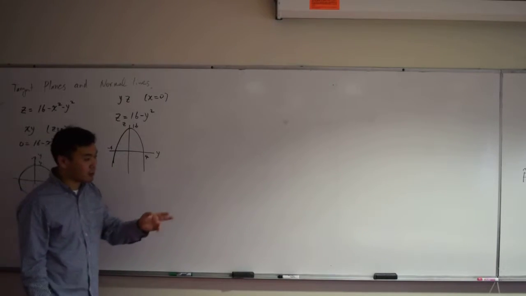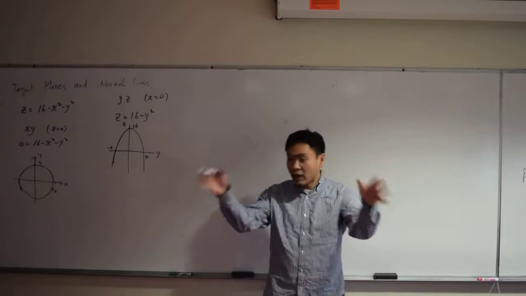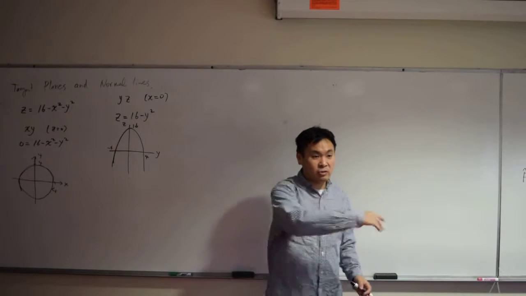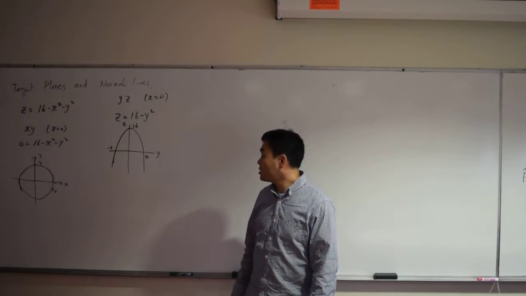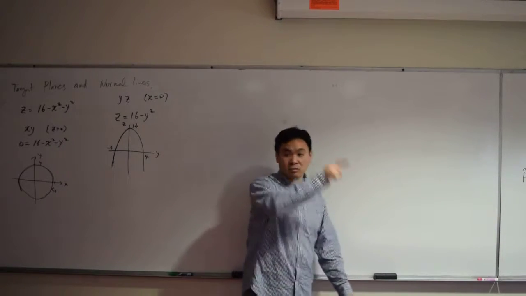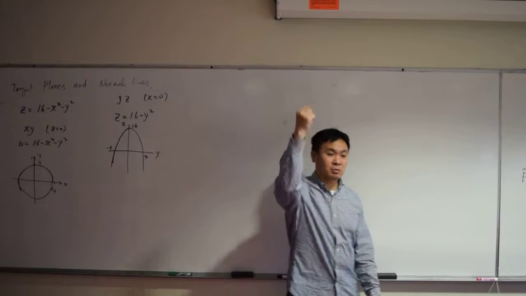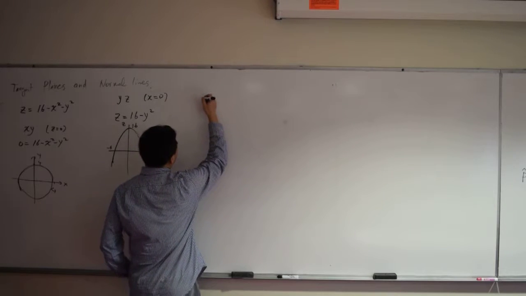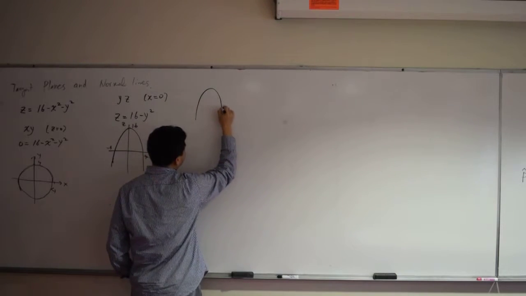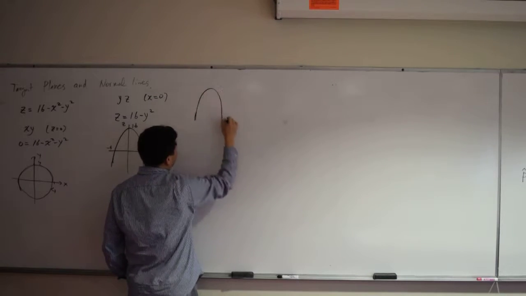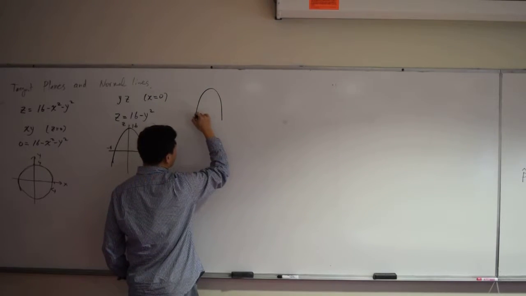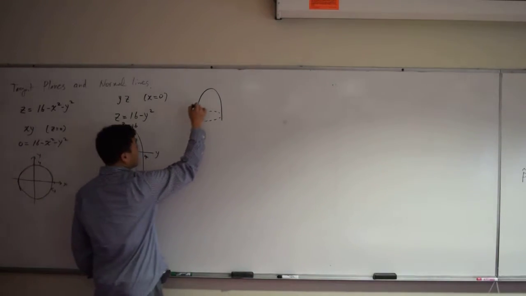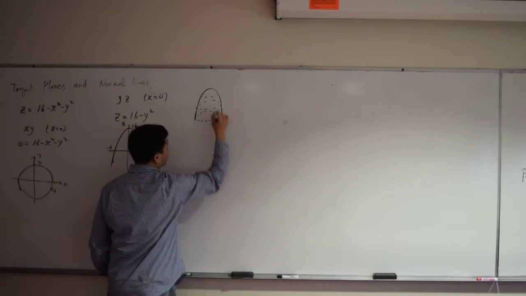So here's what you have. We have some kind of surface, and if you cut it using the xy plane, you get a circle. If you cut it using the yz plane this way, you get this parabola. You cut it this way, you get another parabola. So putting all these together, you can see that the shape looks like the following. It's like an upside down parabola in all directions, but if you cut it horizontally, you get this circle.